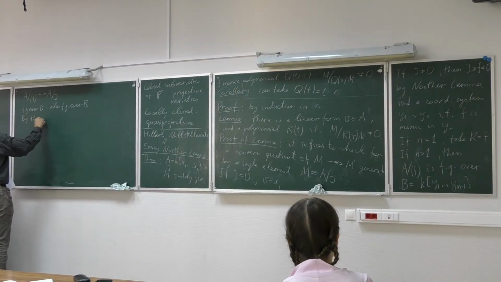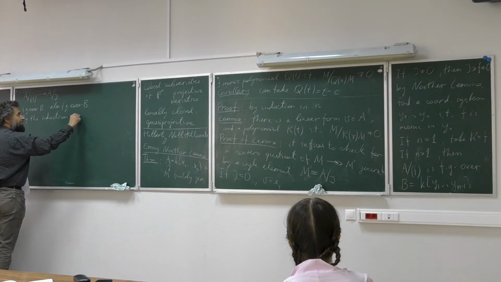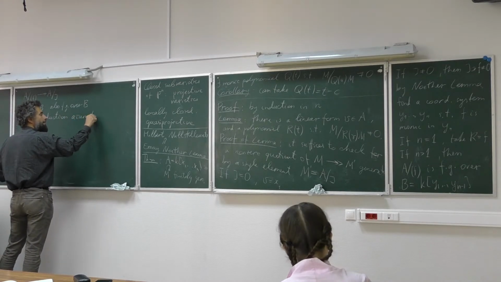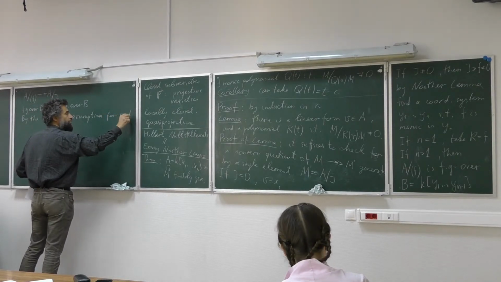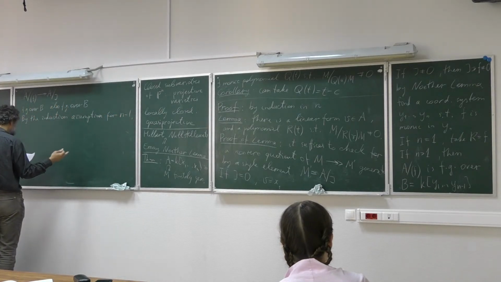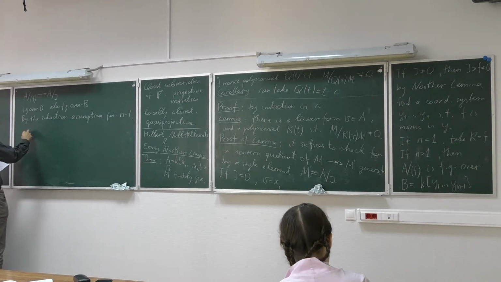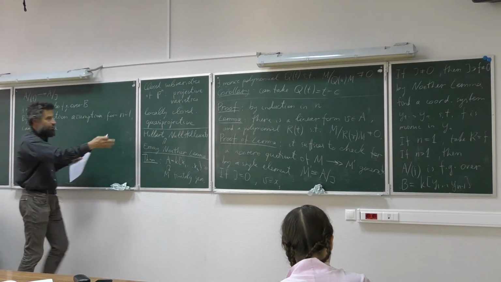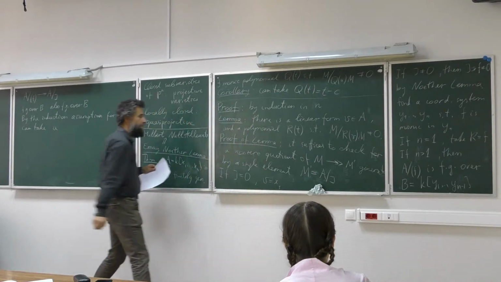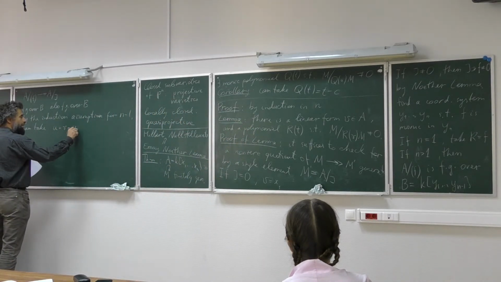By the induction assumption for n minus 1, we can take, say, U, yeah, because our theorem is already established for n minus 1, equals V equals y1, for example.